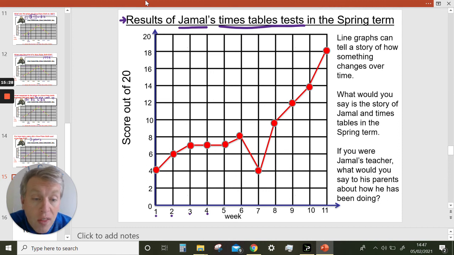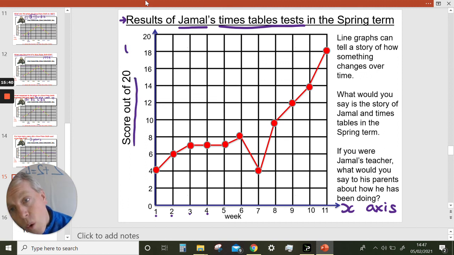We look along the x-axis at the bottom for the time going by. Week 1, week 2, week 3, week 4, week 5, week 6. And then this axis, the y-axis, the score out of 20. And we can see from this that Jamal started with getting 4 out of 20.